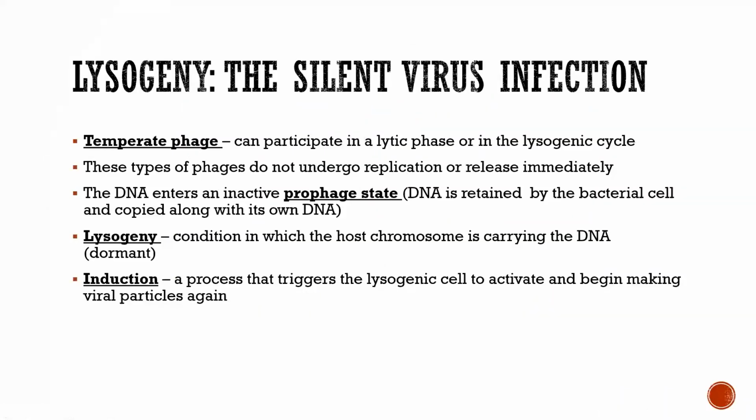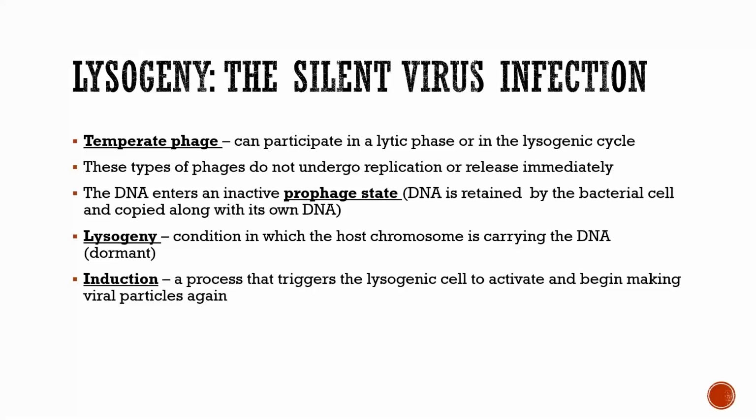Okay, so lysogeny is known as the silent viral infection. Temperate phages are bacteriophages that can participate in either the lytic or lysogenic cycle, so they can swap between the two. These bacteriophages do not undergo replication or release immediately.